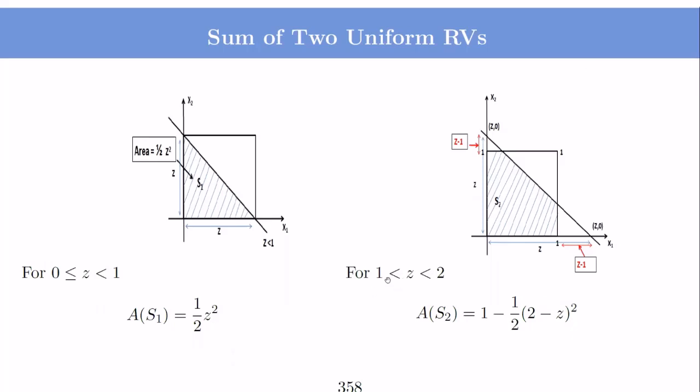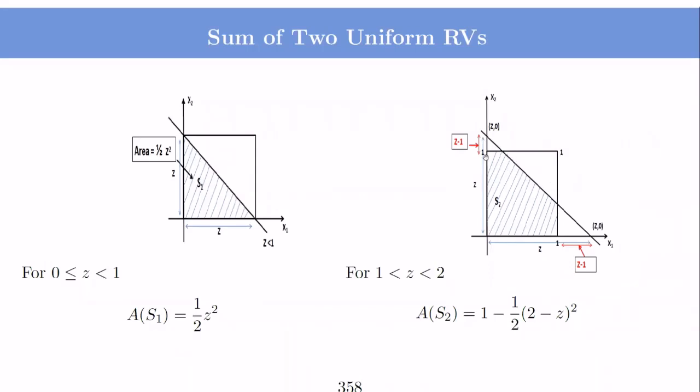Similarly, if z is more than 1 but less than 2, the intersection will be here and here. In that case, this value is z minus 1, because it's a 45-degree line, and so this will also be z minus 1. And this is 1, so this would be 2 minus z, and this is also 2 minus z.